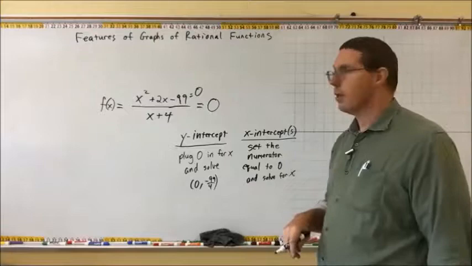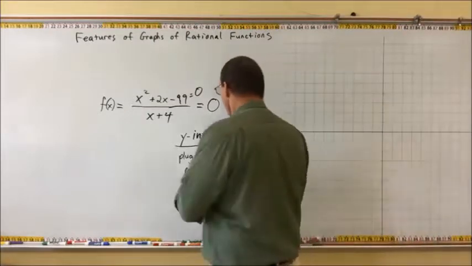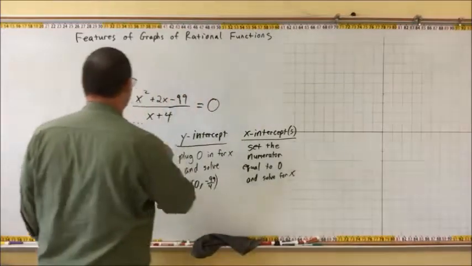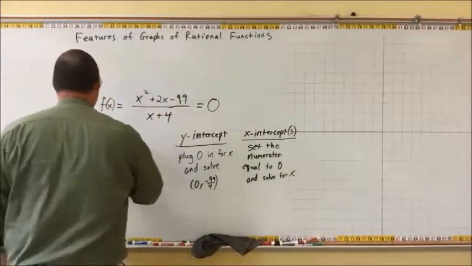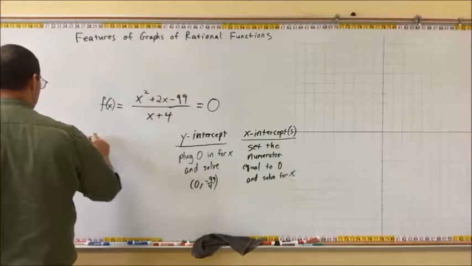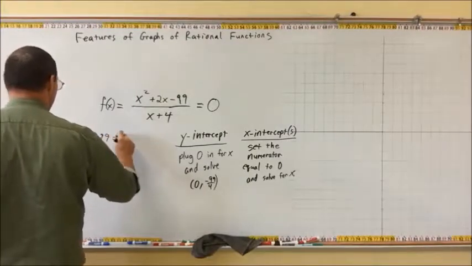That's all you have to do. So we're going to take the numerator here and we're going to set it equal to 0. So x squared plus 2x minus 99 equals 0.